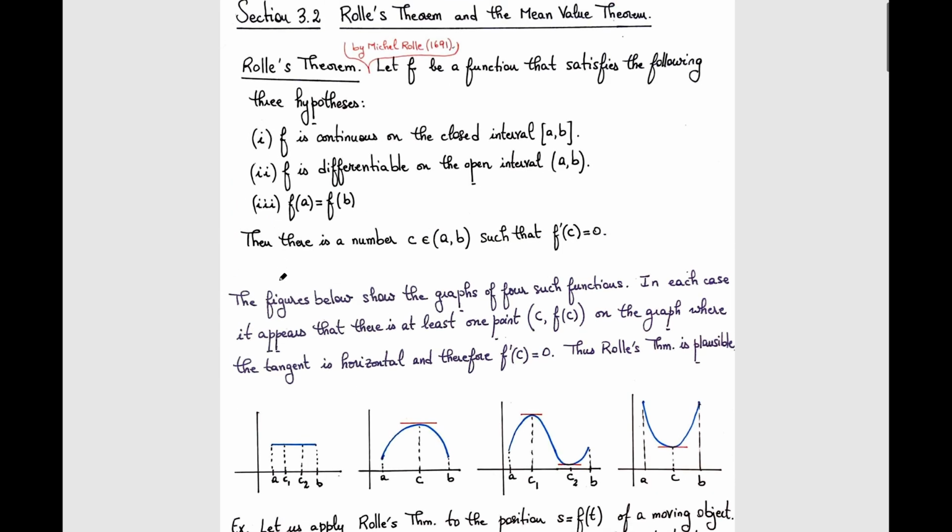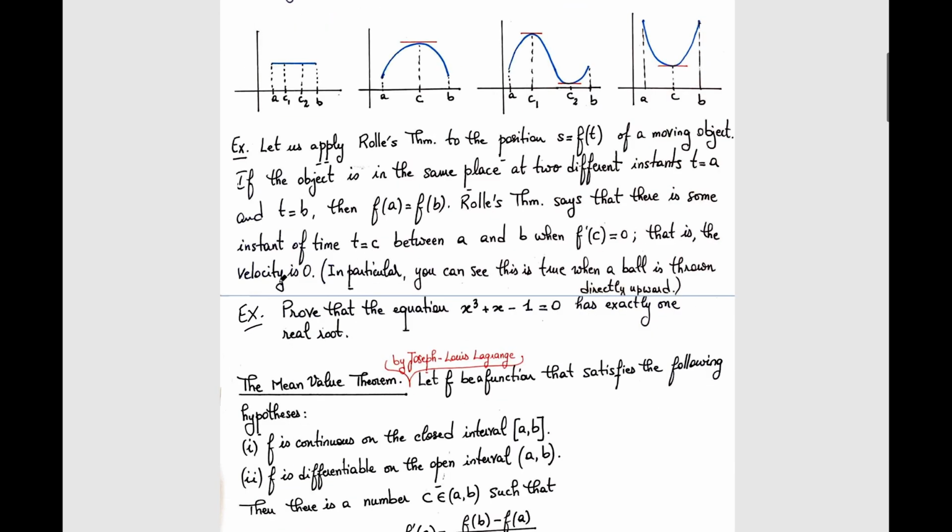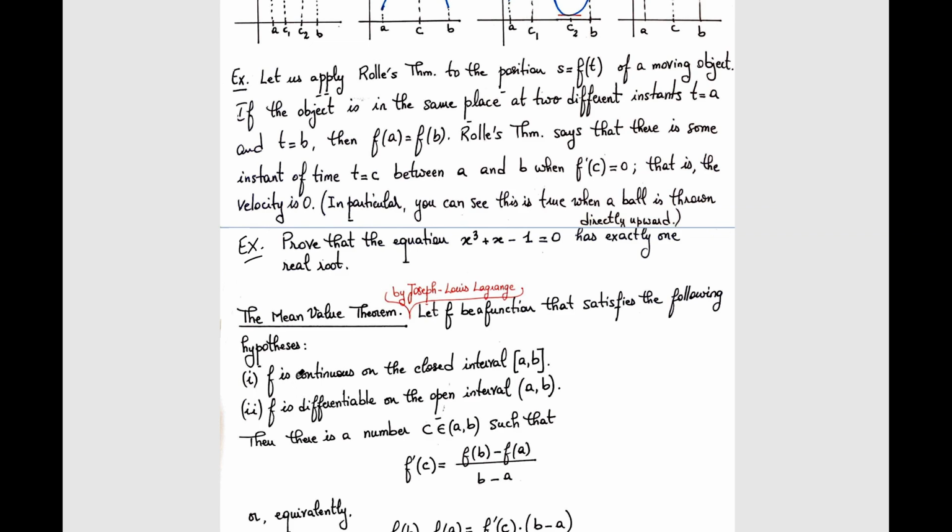You don't need the third one anymore. So given that the function is continuous on the closed and bounded interval [a, b], and the function being differentiable on the interior of (a, b), there must exist a number c in between a and b such that f prime of c is this quotient, f of b minus f of a over b minus a.